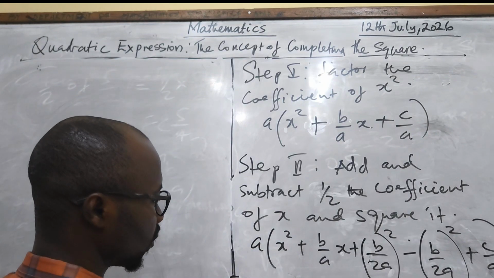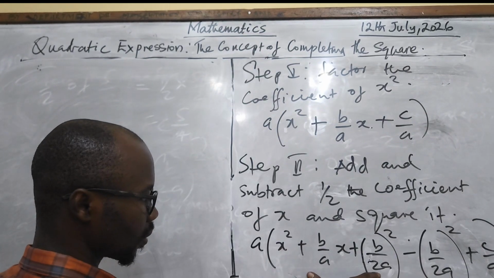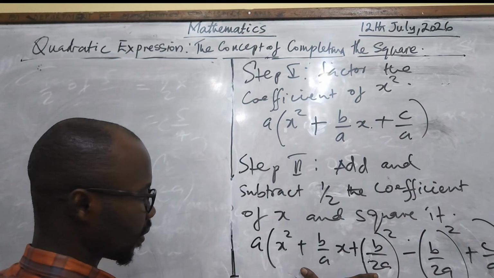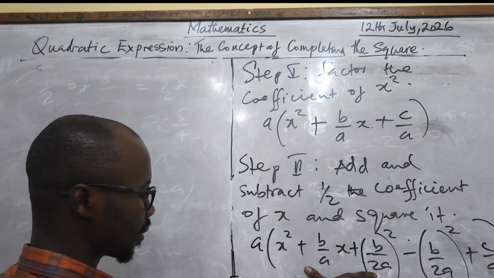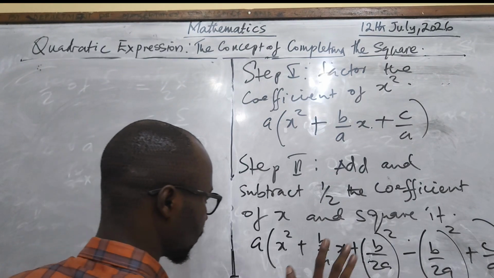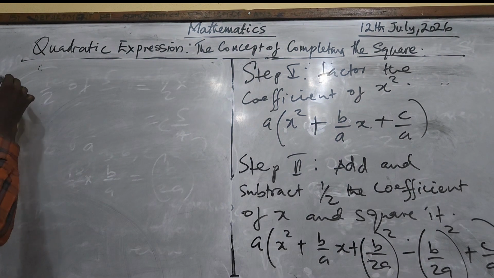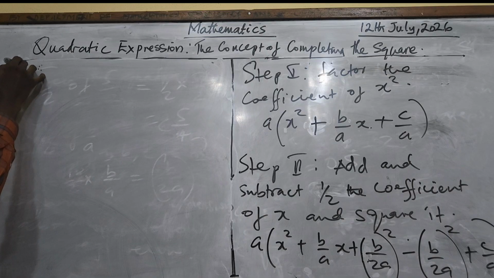Alright, so 1, 2, 3 are called trinomials. So I can write these trinomials as a perfect square. And how will I write that? Pay attention. So what I'm going to do there is a.